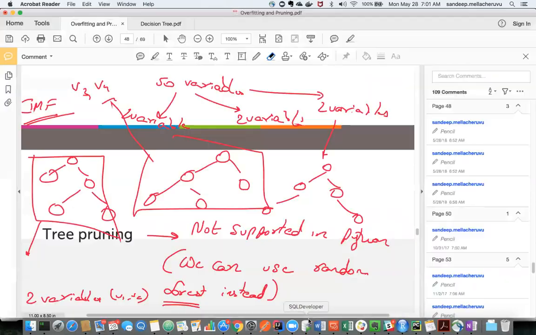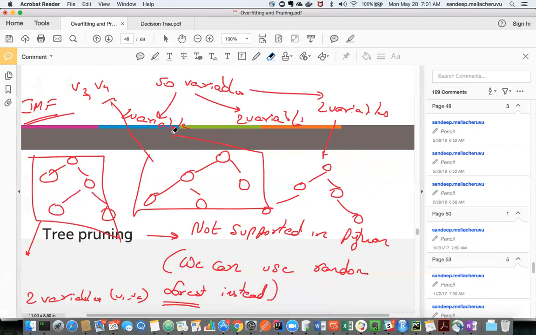Similarly, in random forests also, each tree is going to contribute a little to the final goal of predicting something. Since each tree is a specialist in something, but not an expert in everything, this tree is not an expert in all the variables.